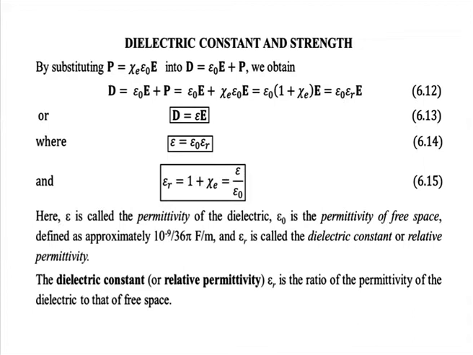Also, relative permittivity is equal to 1 plus susceptibility. Here, the permittivity of free space is approximately equal to 10 to the power of minus 9 upon 36 pi farad per meter, and epsilon R is called the dielectric constant or relative permittivity.